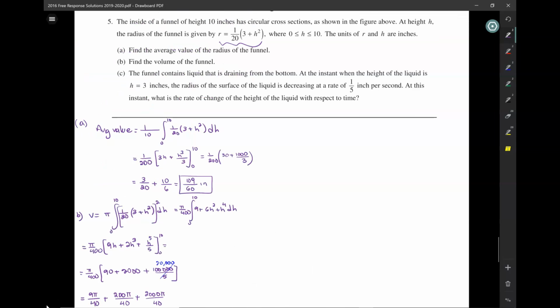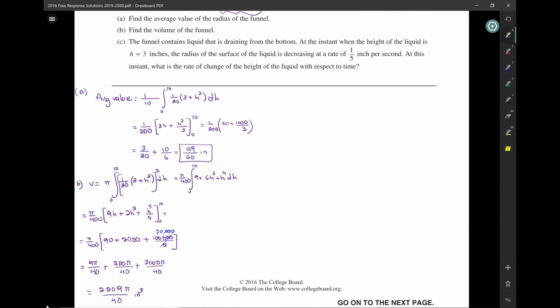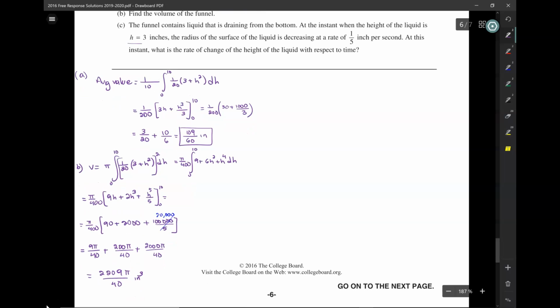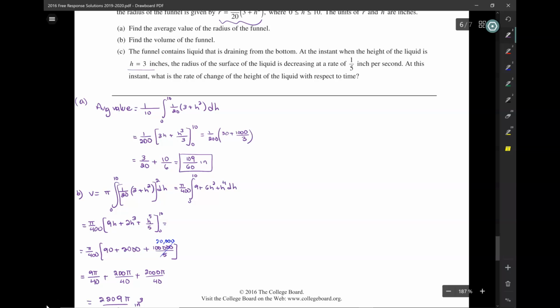Okay. Next. The funnel contains liquid that is draining from the bottom. When you see something draining like this and you're given the radius, that's a related rates problem. At the instant when the height of the liquid is h equals 3 inches, the radius is decreasing at a rate of 1/5 per second.